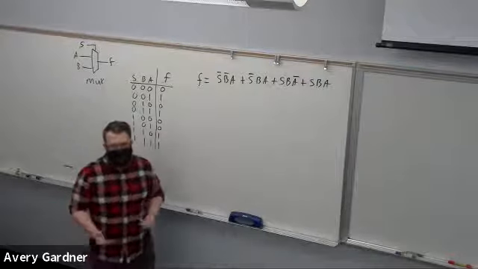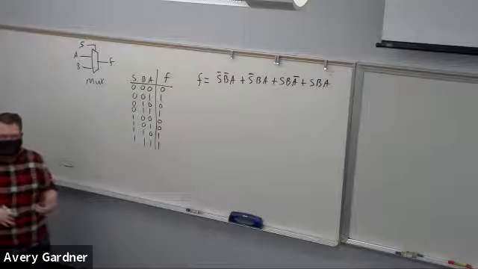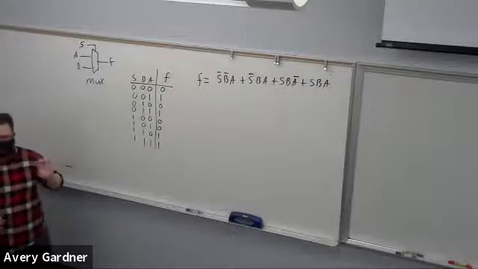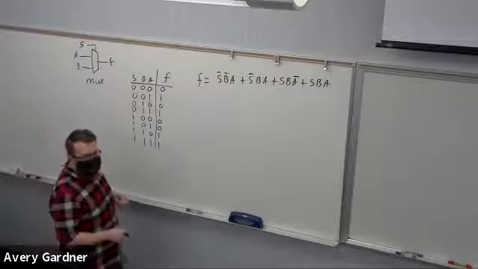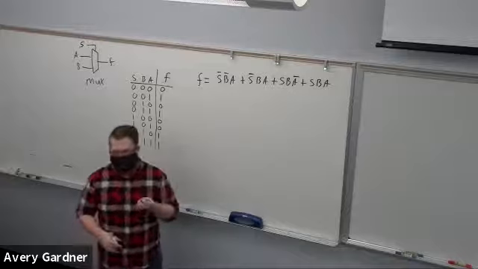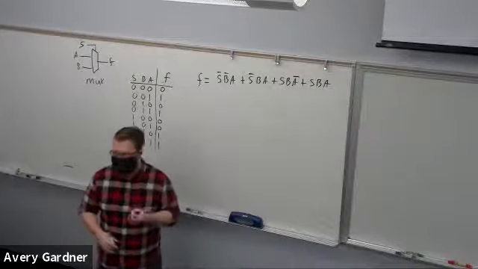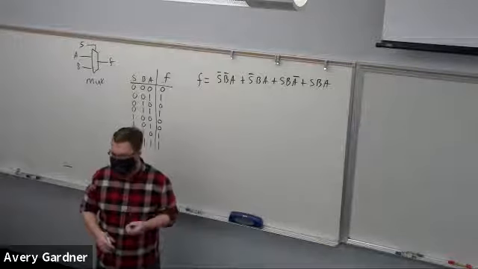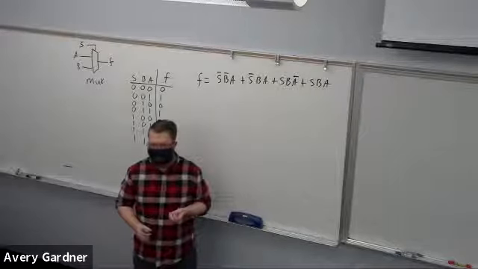Now, sometimes there will be simplifications that will end up not in a sum of products expression. So sometimes what I'll tell you to do is find the simplest sum of products expression. Other times I'll tell you to find the simplest expression. Does everyone understand the difference between these two?